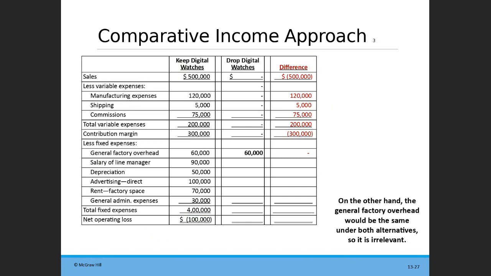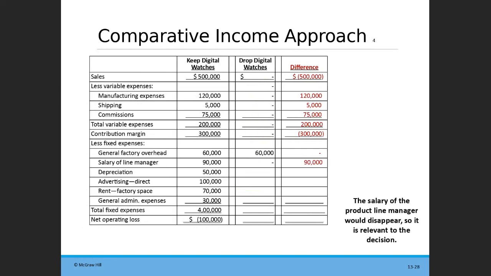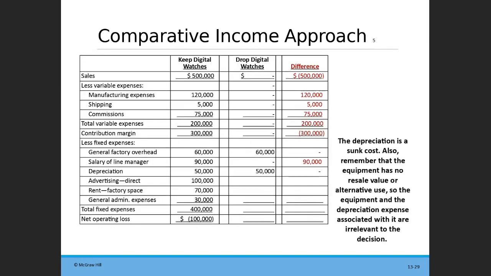Well, the general factory overhead would be the same. So even if we drop digital watches and all this is gone, we still have the fixed. We no longer have this. We no longer have this. No longer have that. No longer have that. But we do still have this, right? So this goes away.